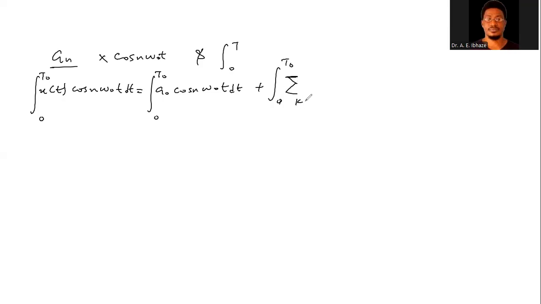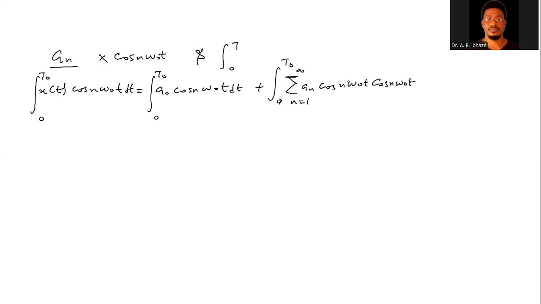sigma k, no, not k anymore. I keep saying k. It's now n, taking on values from 1 to infinity, a_n cos n omega naught t cos n omega naught t. So cos n omega naught t times cos n omega naught t dt will give us cos squared n omega naught t, right?